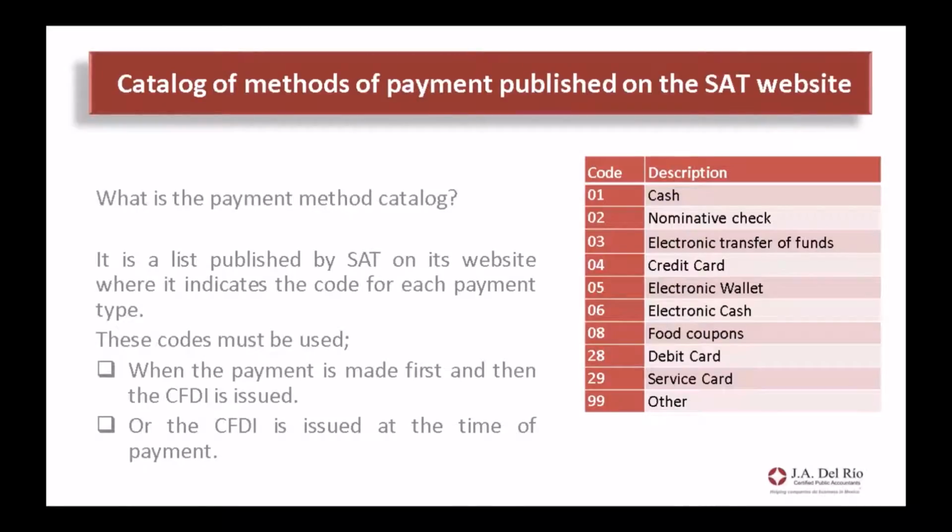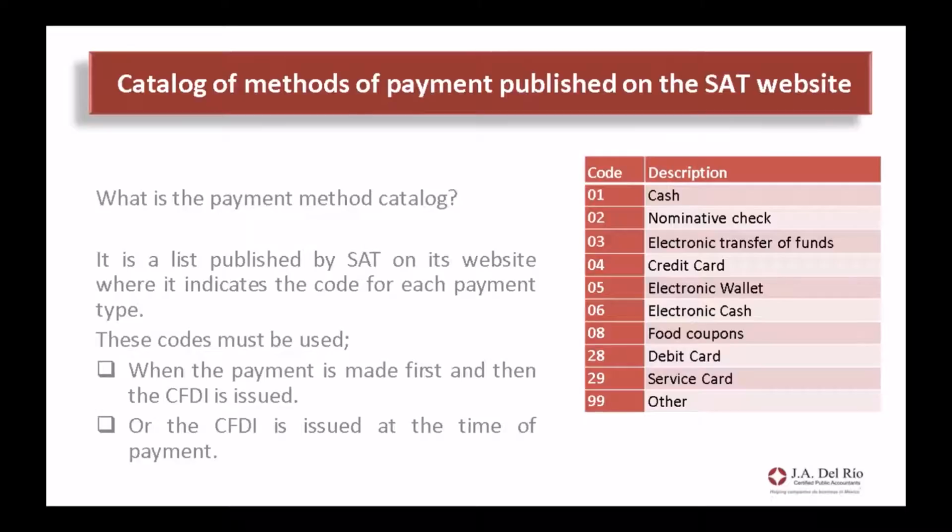So these codes that you can see on the right must be used, as we have just discussed, when the payment is made first and then the CFDI is issued, or the CFDI is issued at the moment that the payment is being received. So those are the two exceptions in which we cannot use NA. Otherwise, we will need to use one of these codes.